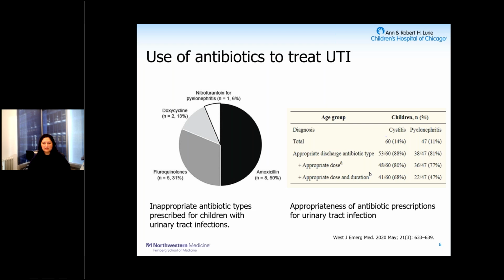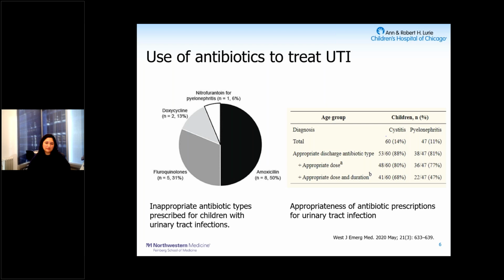This was a study done recently in Pennsylvania at Hershey, and they looked at the inappropriate use of antibiotics for children who were diagnosed with a UTI. The antibiotics could be inappropriate because the urinalysis or culture were not positive and patients were still treated, or they used the wrong antibiotic or the wrong duration.